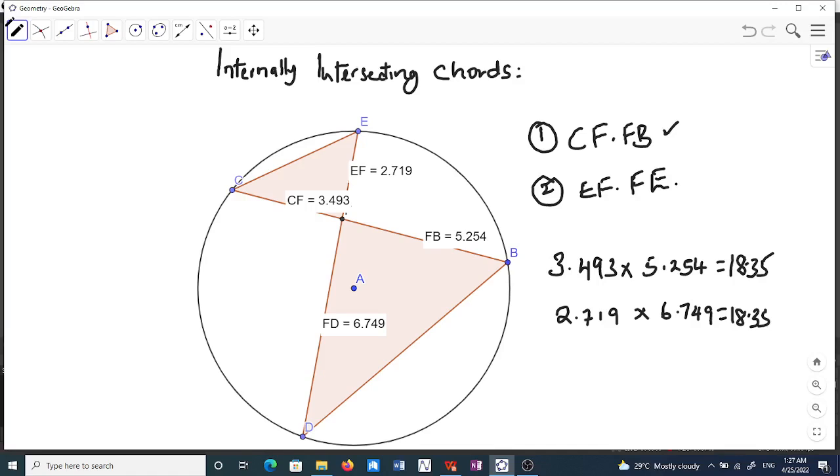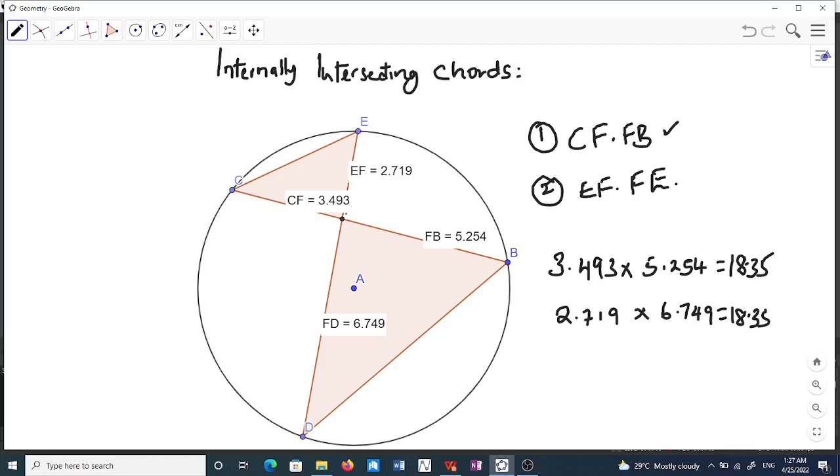When you multiply the two, the first part, CF times FB, gives you 18.35. Then EF times FD also gives you 18.35. So there is something it is telling us. There is a relationship. So what is the relationship then?